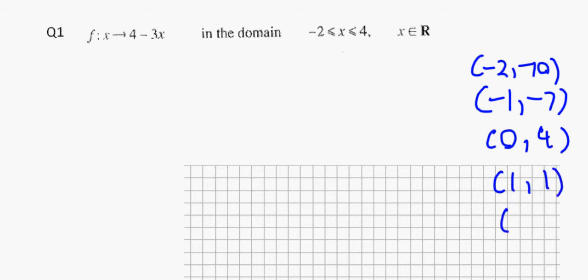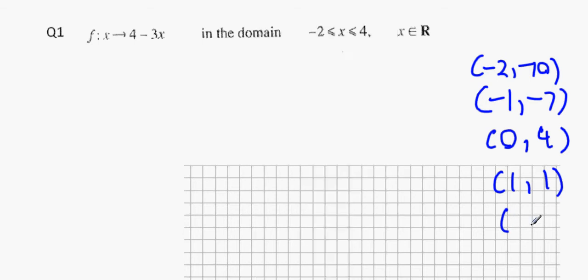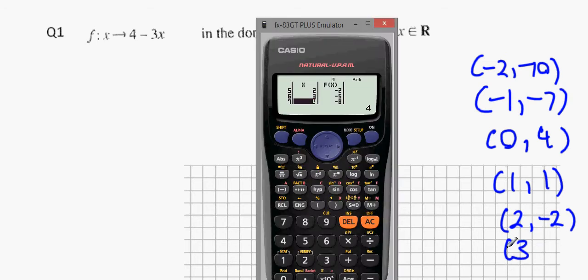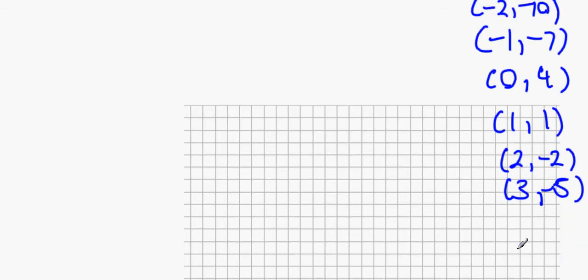And then 2, minus 2. 3, minus 5. And 4, minus 8. So these are the points we need to draw.